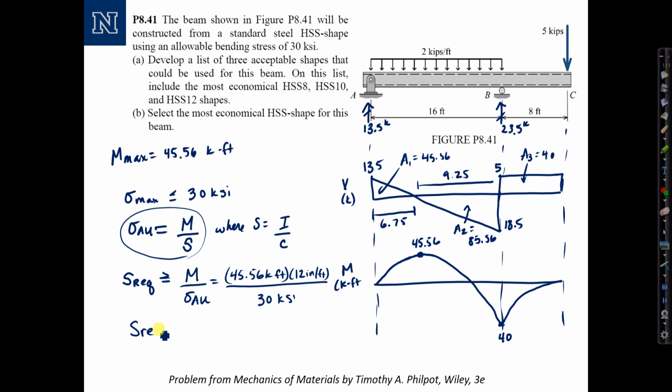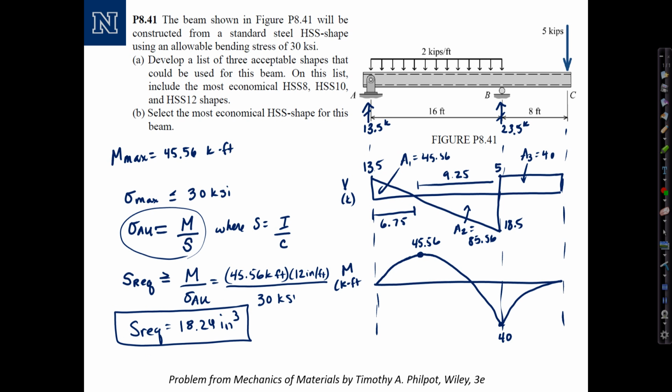This gives a required section modulus of 18.24, and the units, kip feet divided by KSI, should be inches cubed.